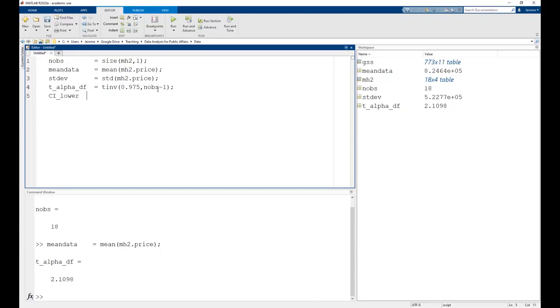Now, if we are calculating the lower bound and the upper bound for the confidence interval, let's first do the lower bound. We type in the mean data minus the value associated with the t-distribution times the standard deviation divided by the square root of the number of observations.